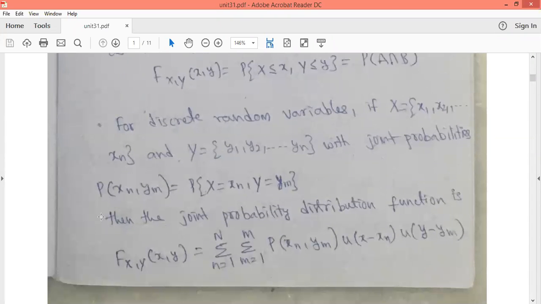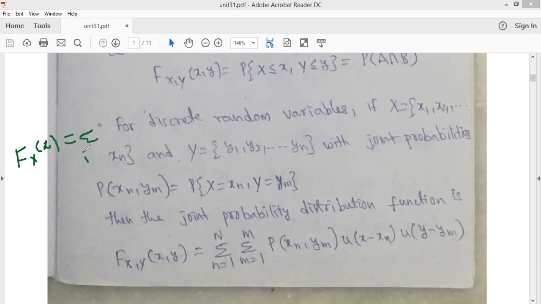Now the distribution function for a single random variable, in the discrete case, is given as F_X of x is equal to the summation from i equals 1 to n of p of xi times u of x minus xi.